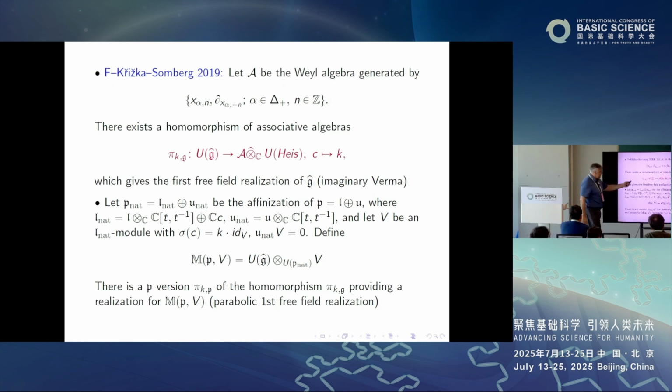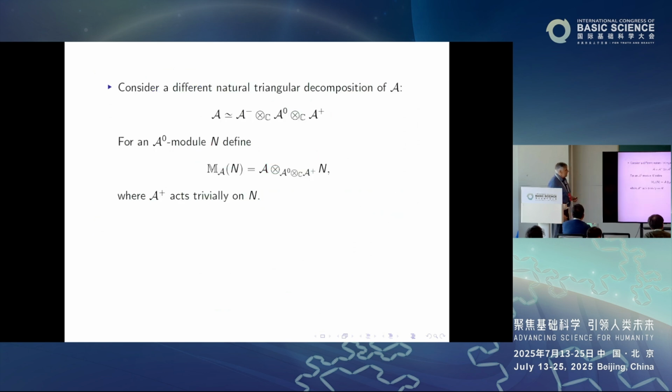Because here I have an explicit homomorphism. And in this construction, derivatives acted as a derivative, as annihilating operators. But this is just a Weil algebra. I can take a different representation of the Weil algebra, and that's what I'm going to do.